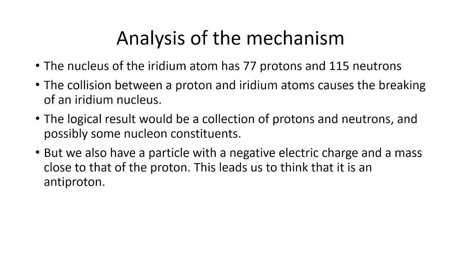The logical result would be a collection of protons and neutrons and possibly some nucleon constituents. But we also have a particle with a negative electric charge and a mass close to that of the proton. This leads us to think that it is an AntiProton.